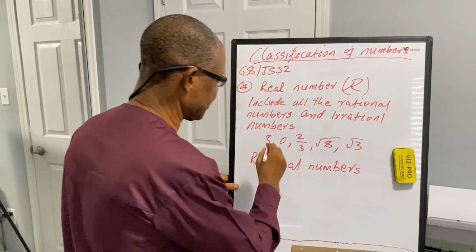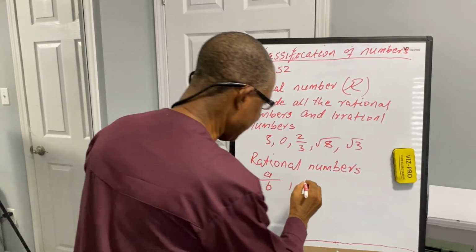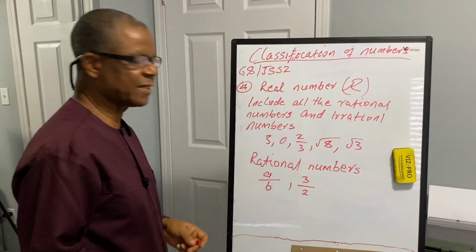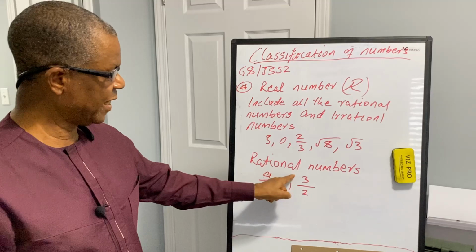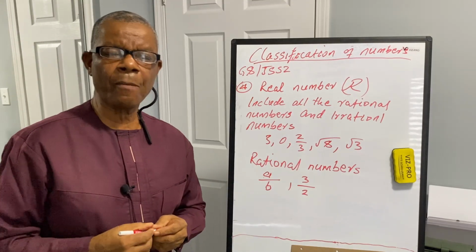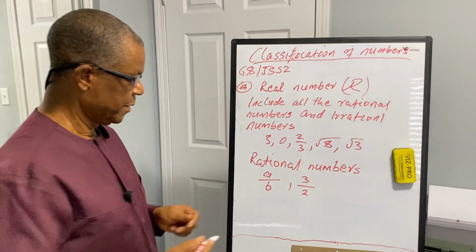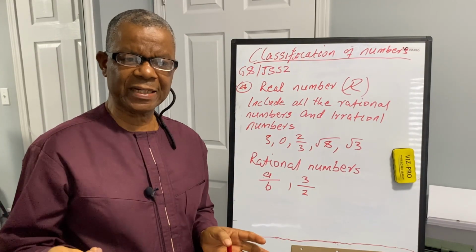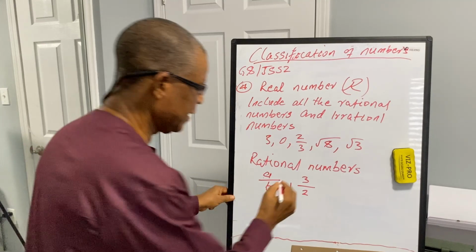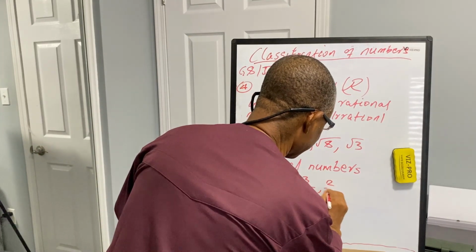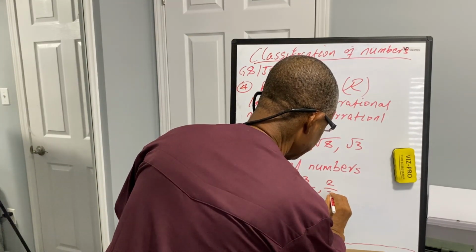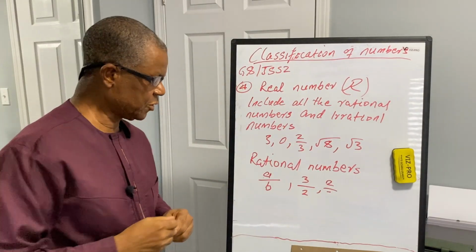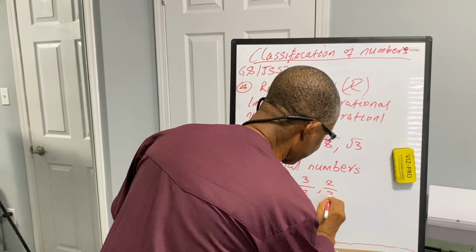For example, we have 3 over 2. This is a rational number. If you divide by 2, it will give you 1.5. Even 2/3 will give you an exact number, of course.